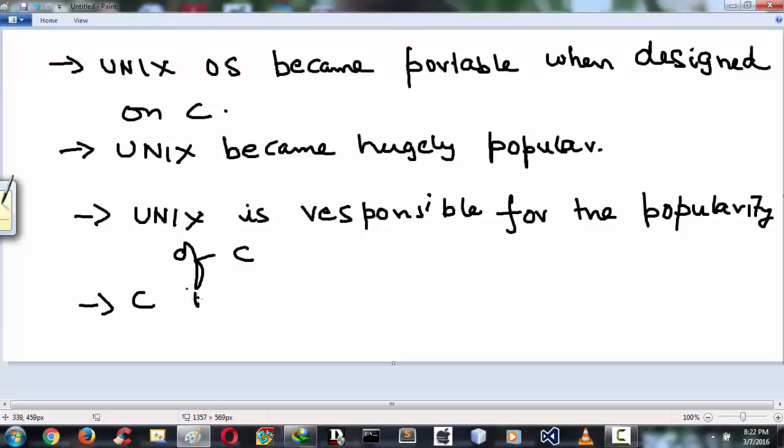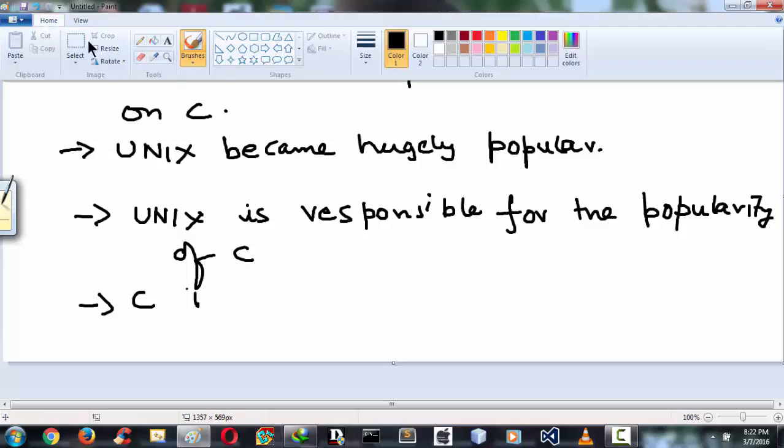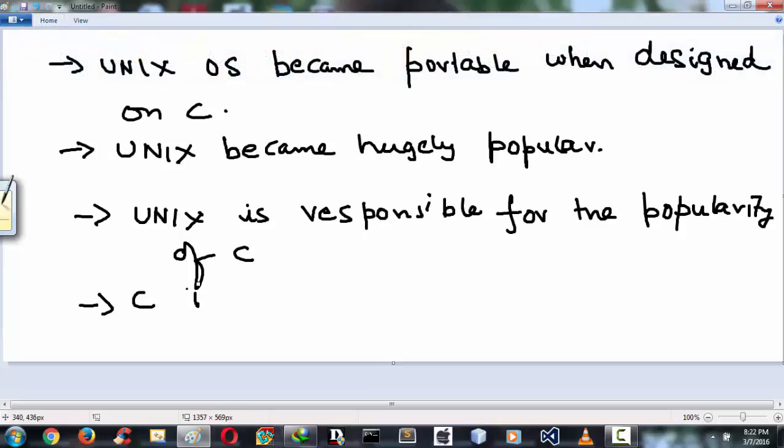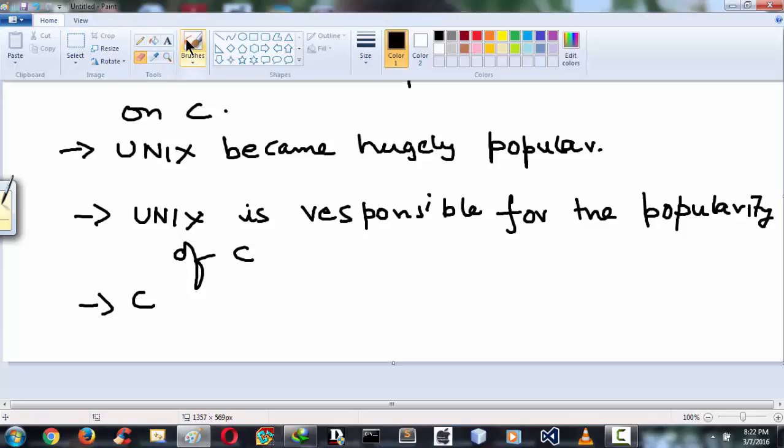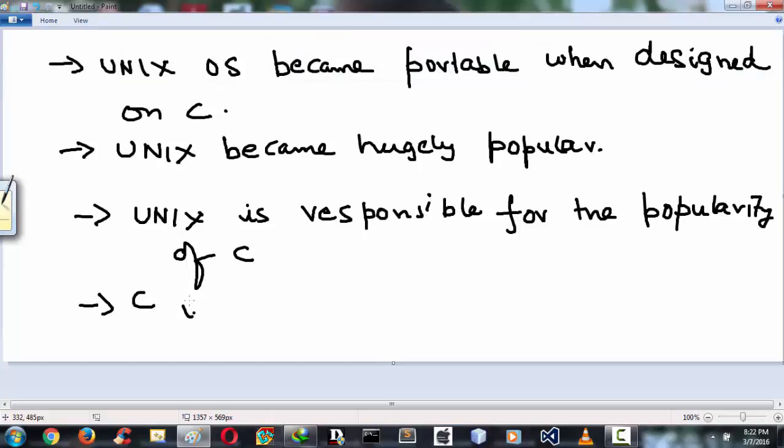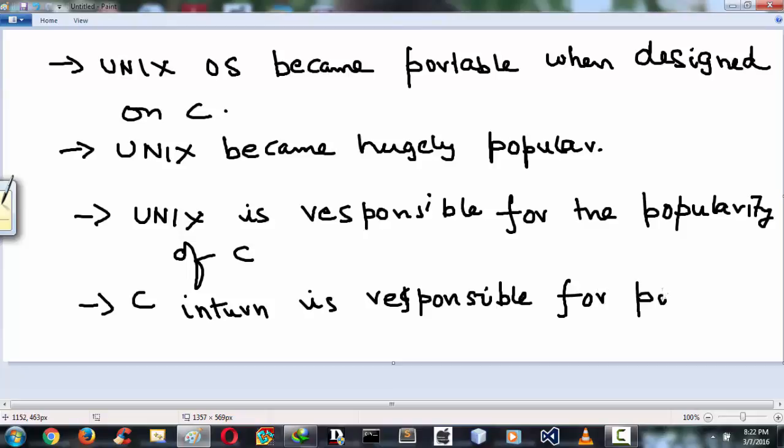Okay, and C in turn is responsible for the popularity of Unix.